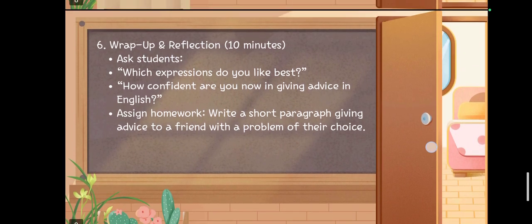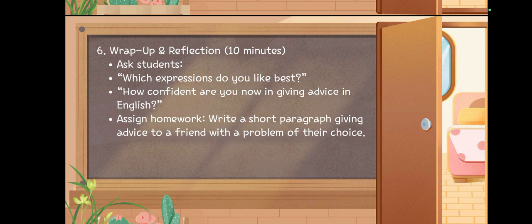Let's move on to the last activity. It is a wrap up and reflection for 10 minutes. It is an activity where I ask students which expression they like the best, how confident they are in giving advice in English, and for the homework, you will have a writing session with a short paragraph giving advice to a friend with a problem of your choice.